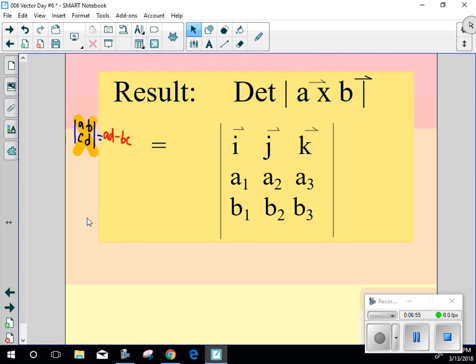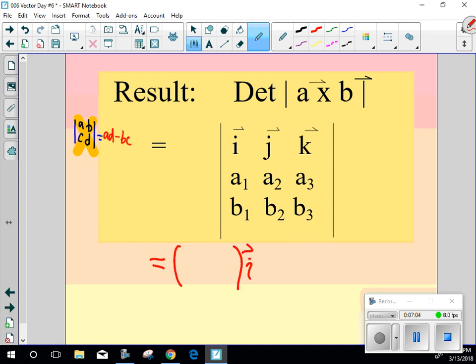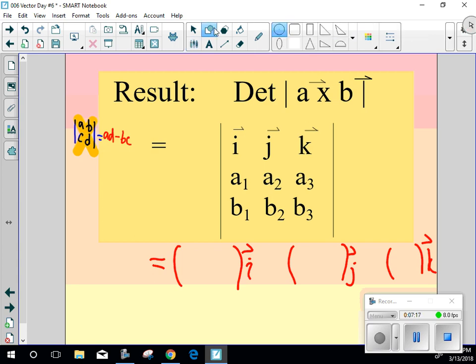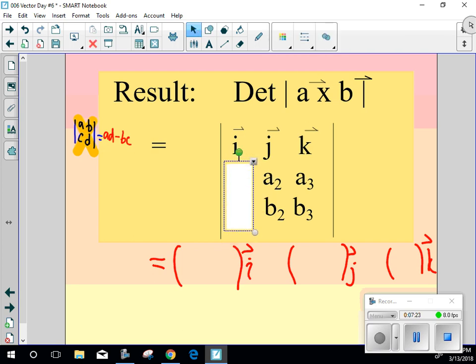So we're going to do this 3 by 3, and we're going to do a determinant of it. And so you'd put parentheses I, parentheses J, then parentheses K. And then this is my method. I don't know if it's the best method, but students like it. We're going to cover this up.